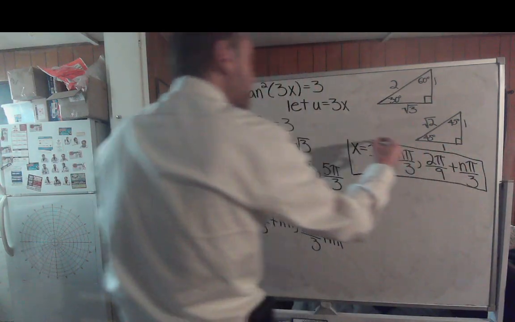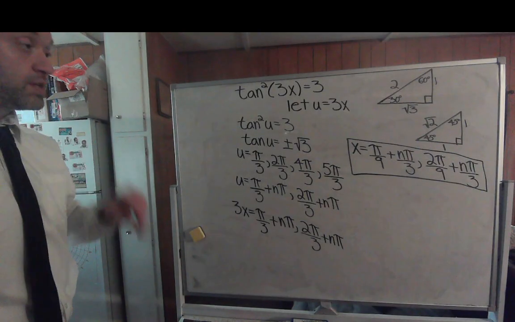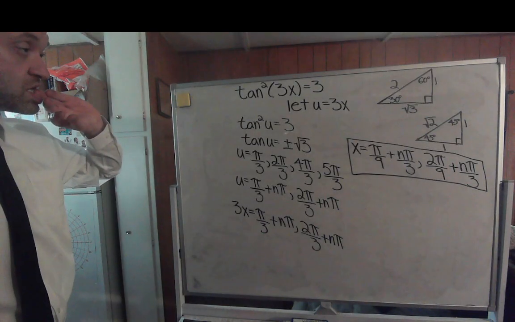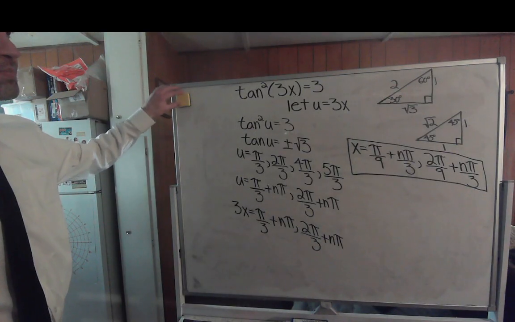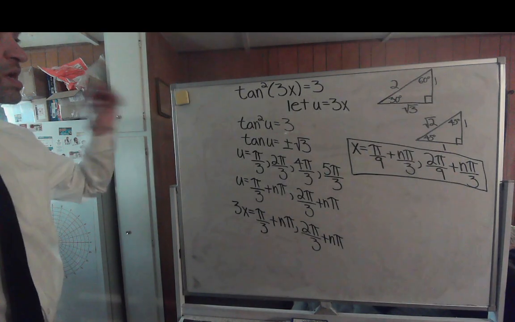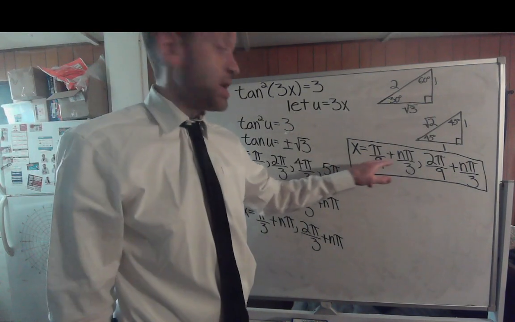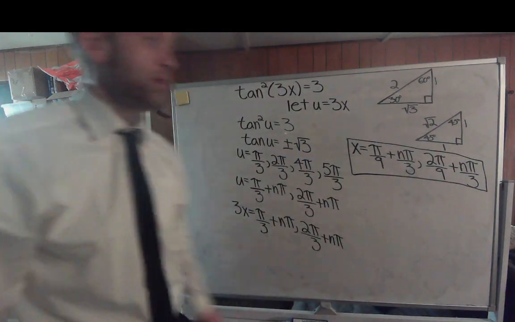So those are going to be your two general solutions. You'll have x equals pi over 9 plus n pi over 3, and then 2 pi over 9 plus n pi over 3.